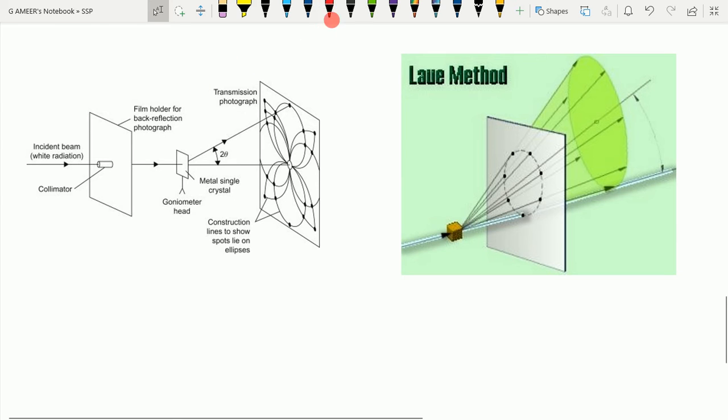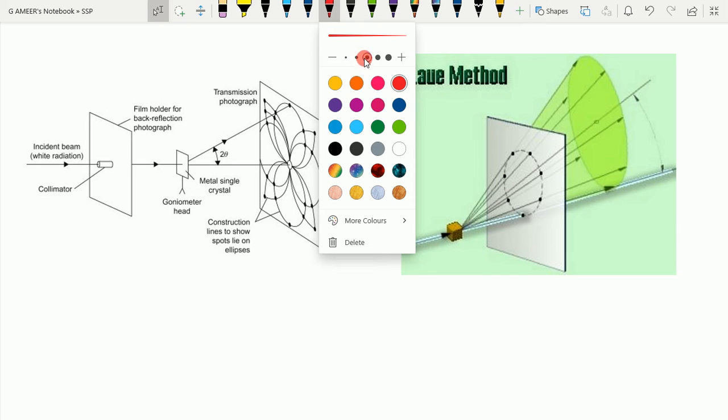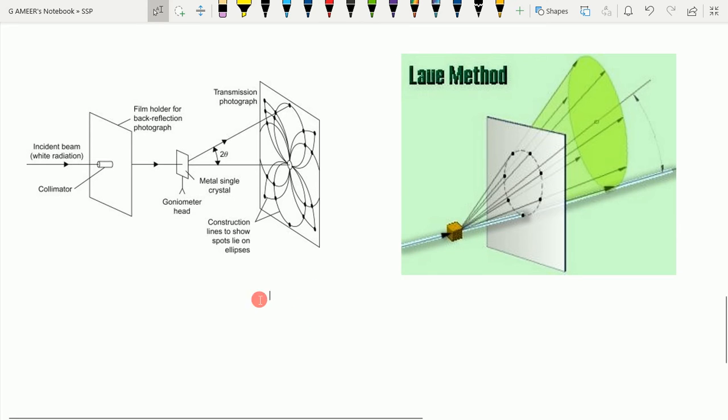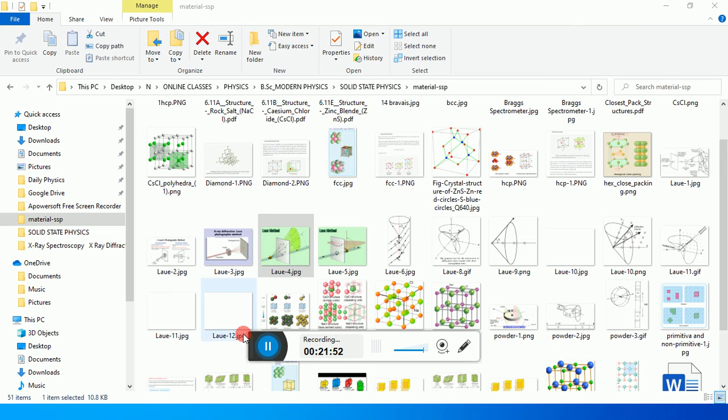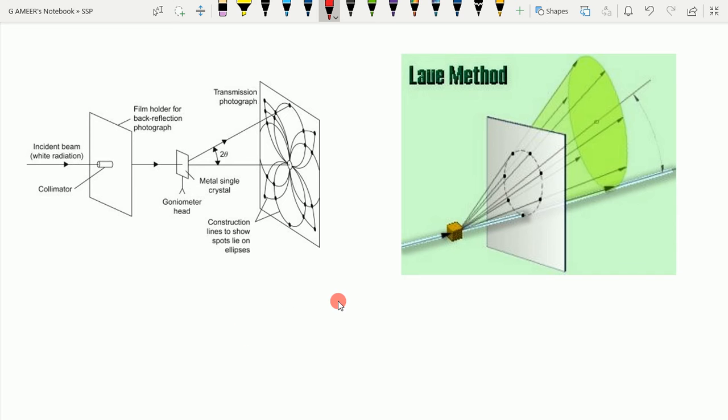When you observe clearly here, the X-rays are coming from here. This is the incident beam. After passing through the collimator, like slits, it falls on the crystal.